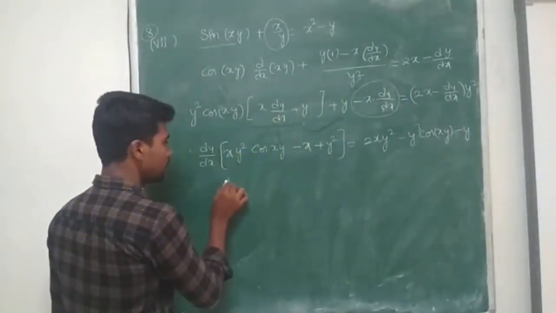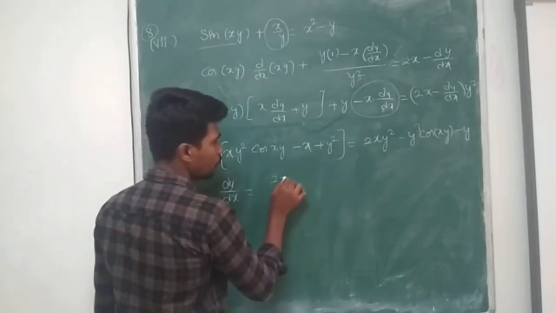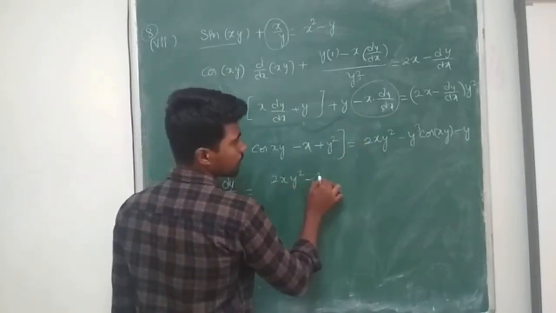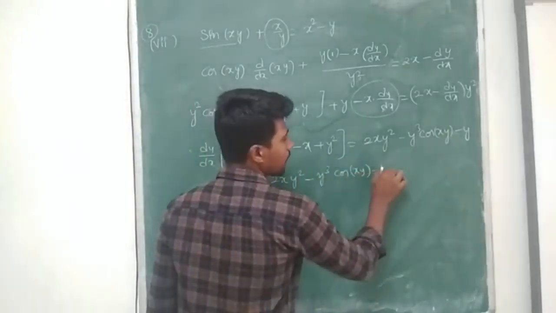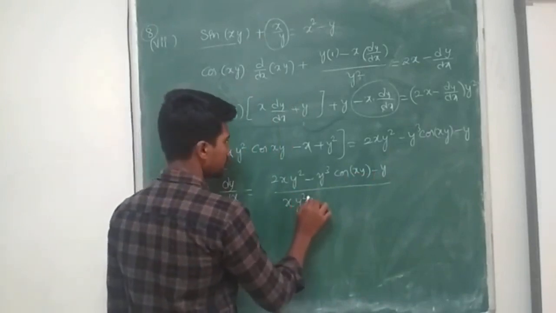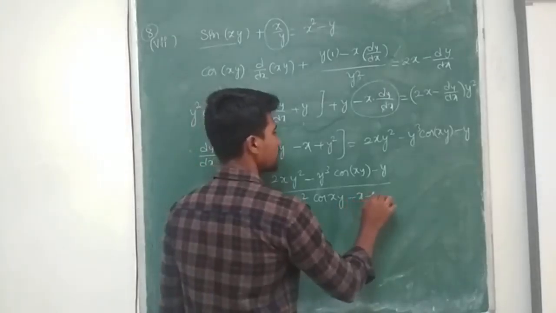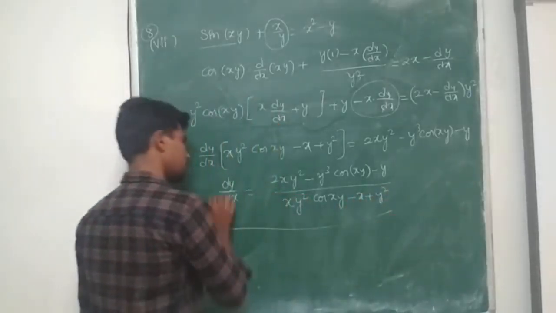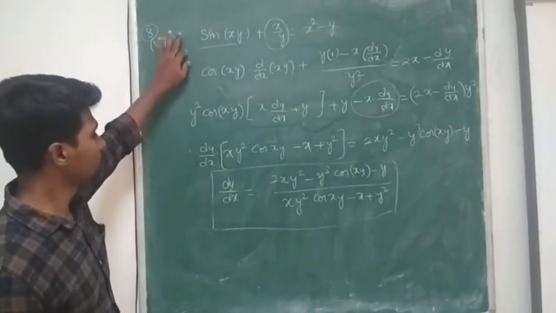Now dy by dx is equal to (2x y square minus y cube cos xy minus y) divided by (x y square cos xy minus x plus y square), which is dy by dx, the differentiation of the given function with respect to x.